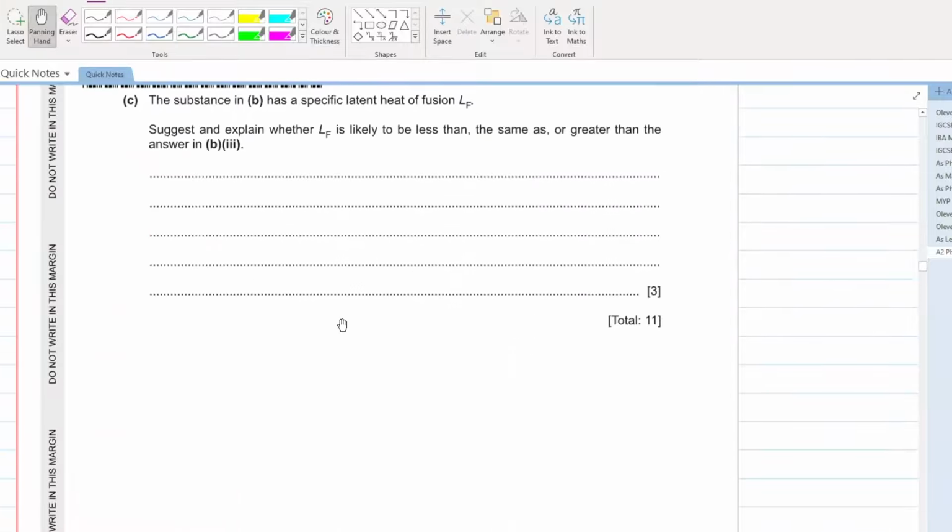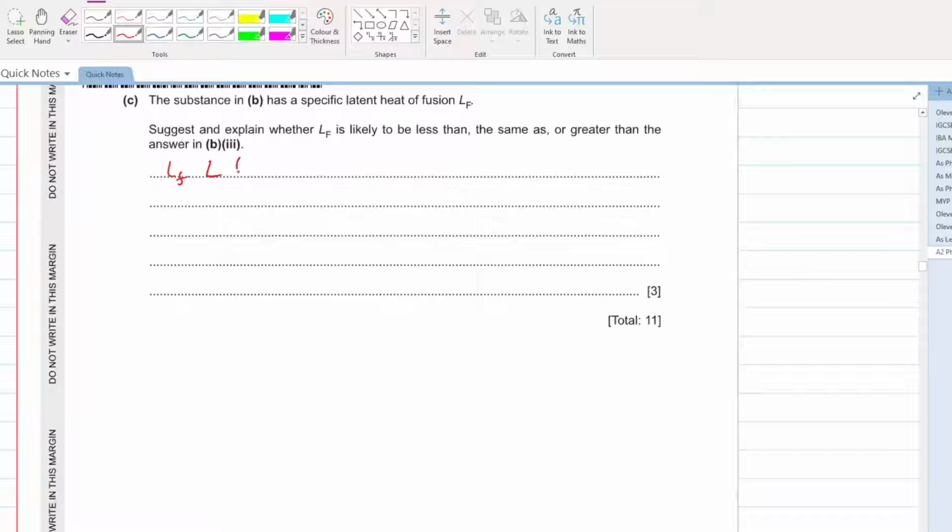Let's further move ahead. The substance in B has a specific latent heat of fusion Lf. Suggest and explain whether Lf is likely to be less, same or greater than Lv in B3. I have told you this in the notes as well, multiple times.